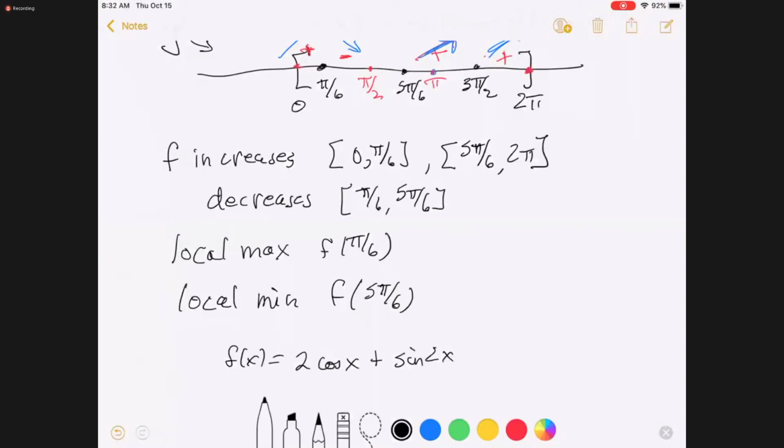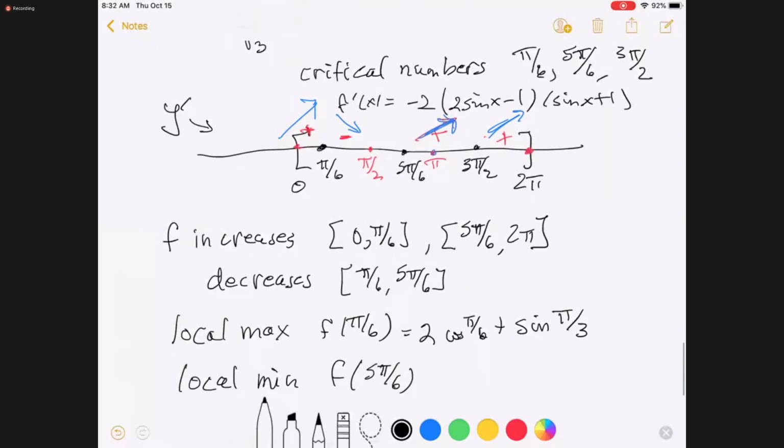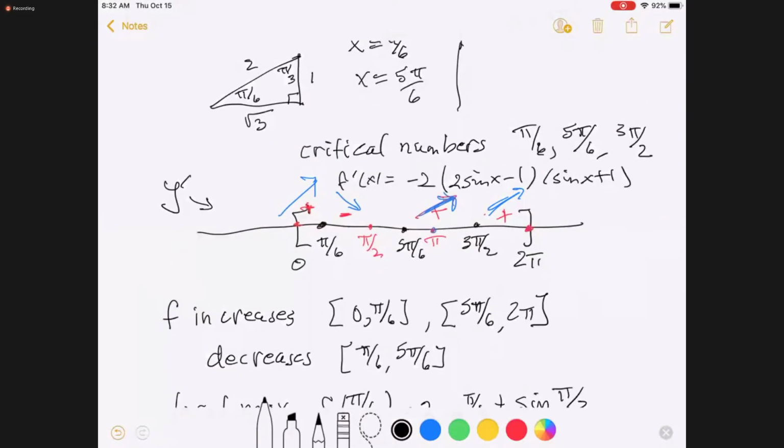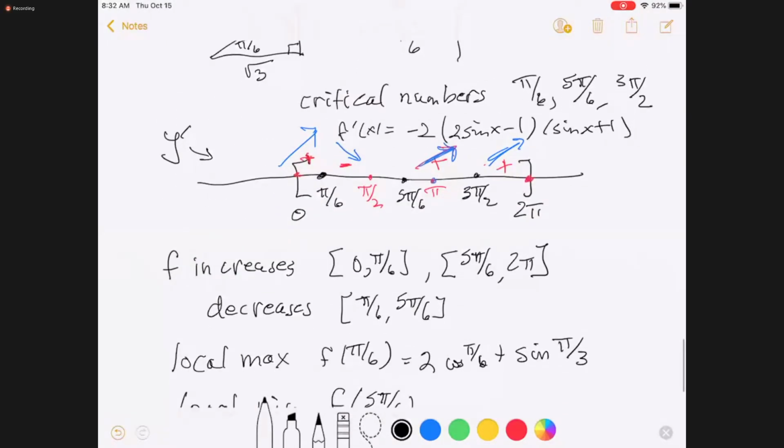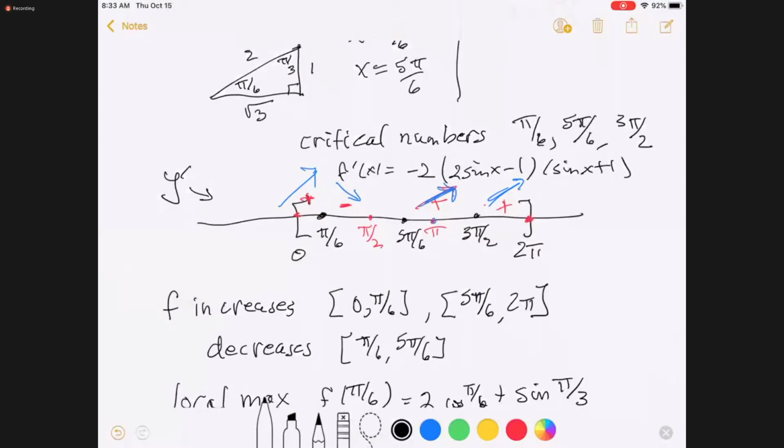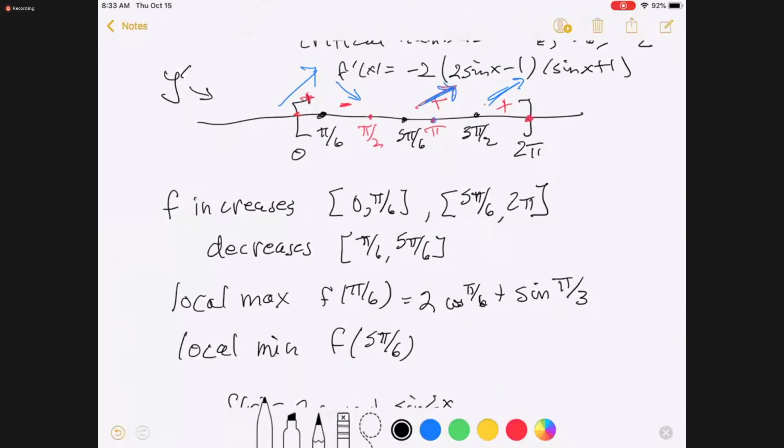So f of pi over 6 is 2 cosine of pi over 6 plus the sine of pi over 3. And that little triangle is helpful. The cosine of pi over 6, okay, is the square root of 3 over 2, just looking at this.